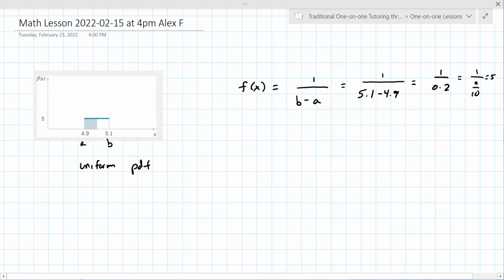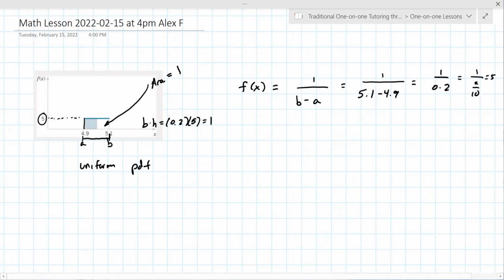So the area of this rectangle has to equal 1, and it's got a height, confirmed right there, of 5, and a width of 0.2. Base times height is 0.2 times 5, which equals 1. That confirms what we already did over here on the right. Is that okay?